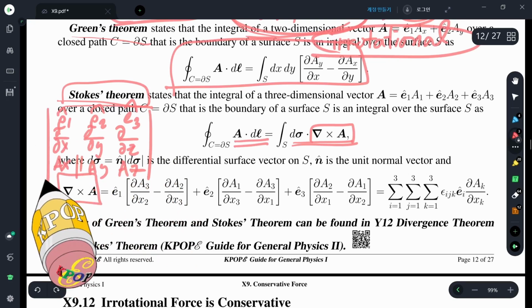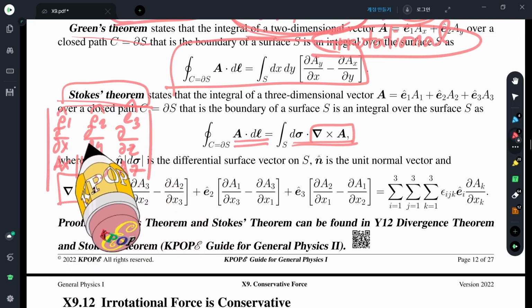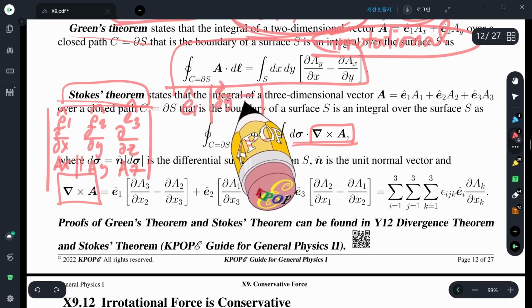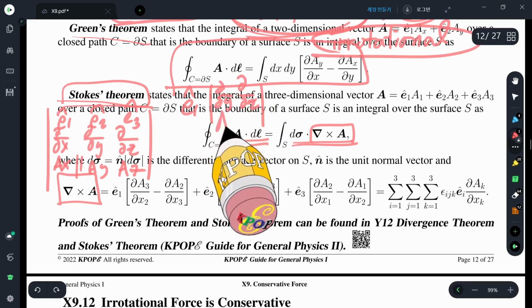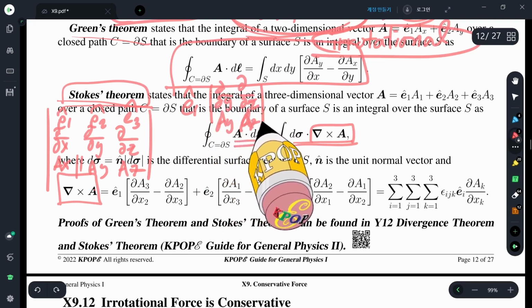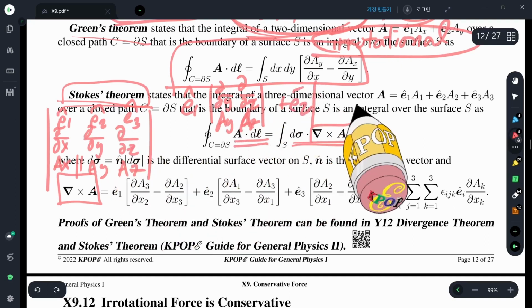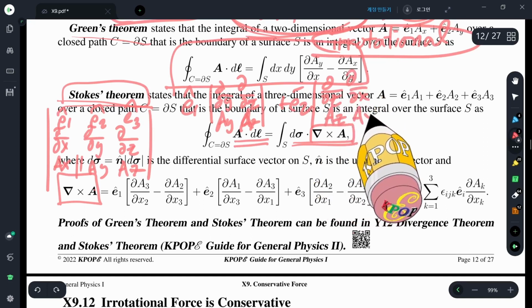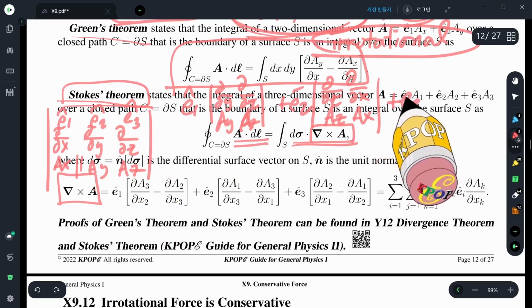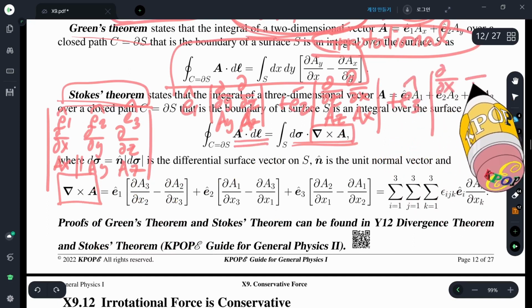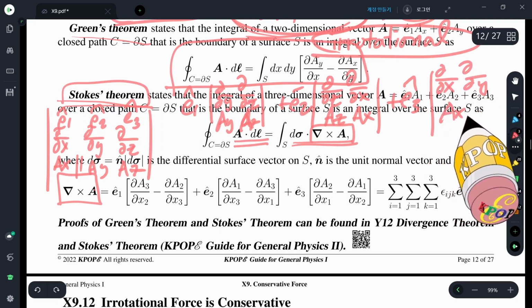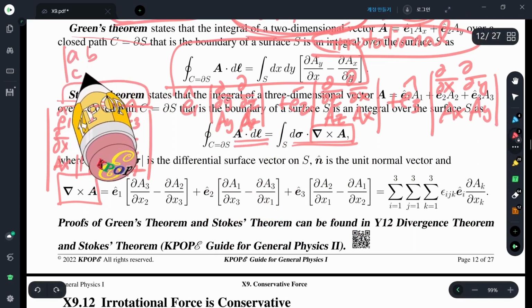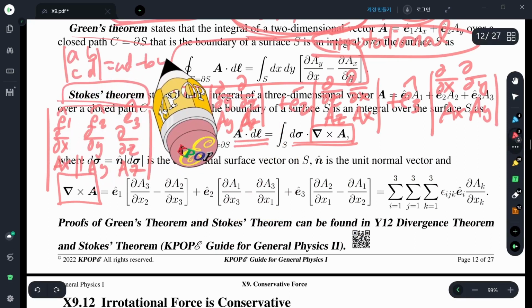Compute the determinant, and this is the answer. So the E1 component is the determinant of the y and z derivatives with Ay, Az. The E2 component is the determinant of the z and x derivatives with Az, Ax. And the E3 component is the determinant of the x derivative, y derivative, x component, y component. This is the answer.